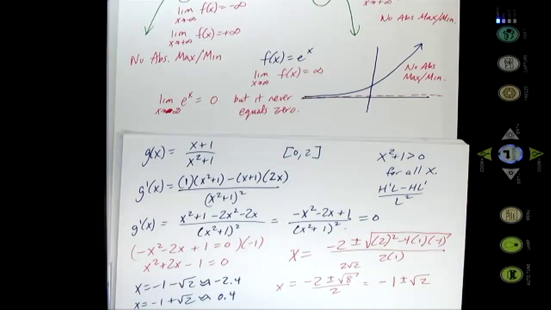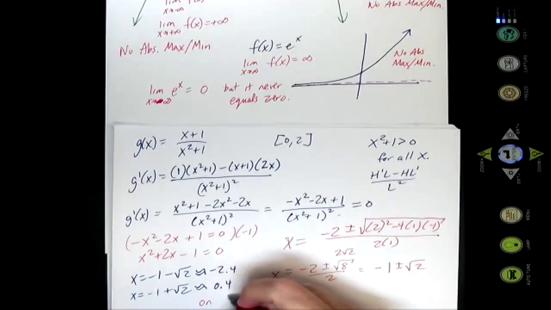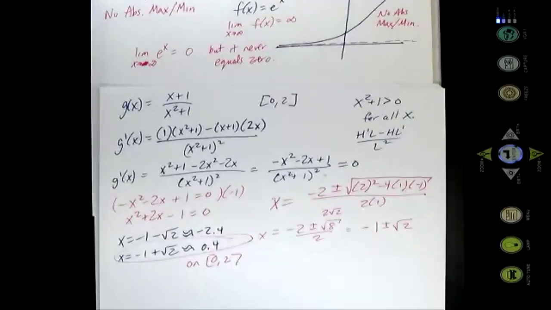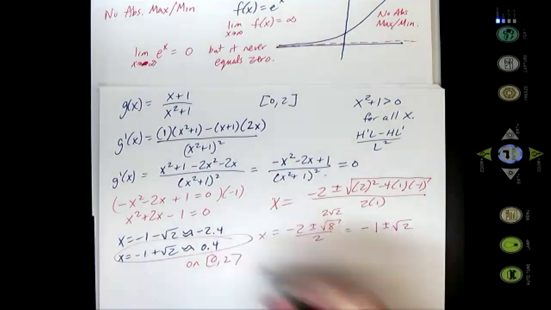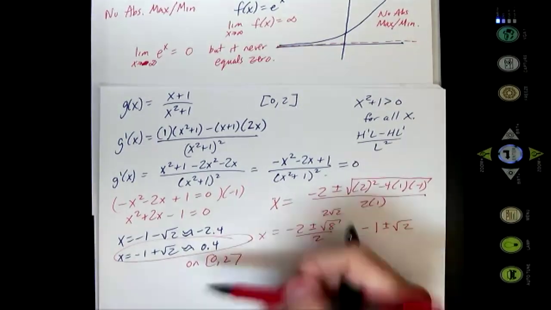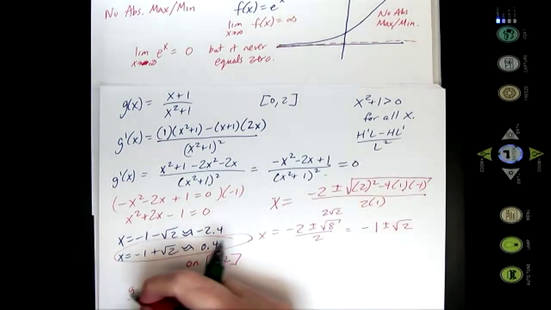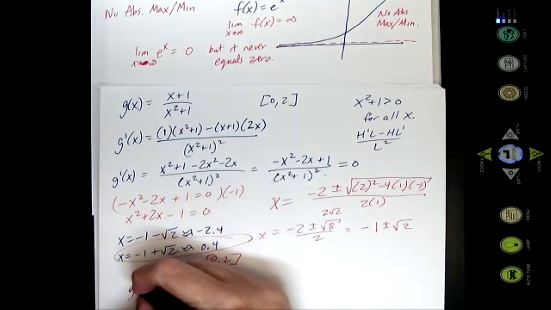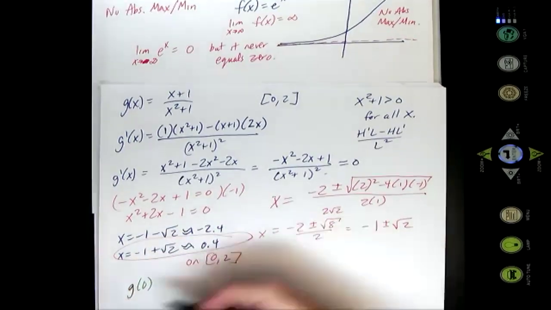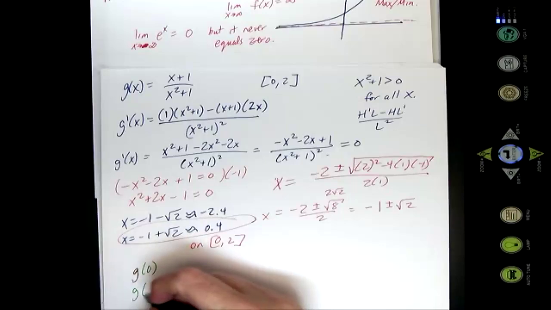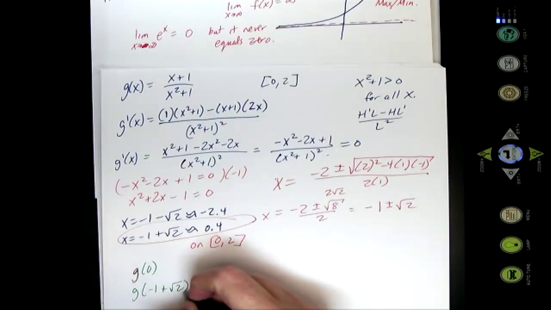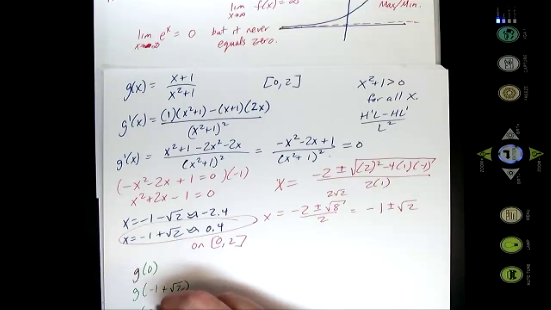So on 0 to 2, only this one's inside of it. So we need to check g of 0, g of negative 1 plus square root of 2, and g of 2.